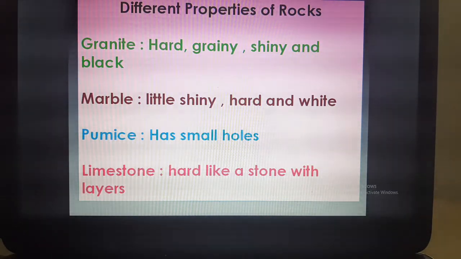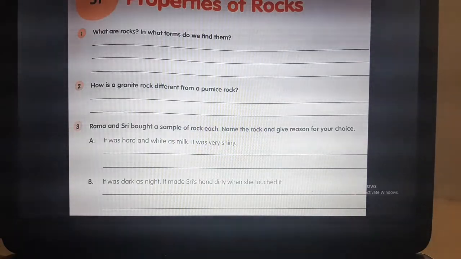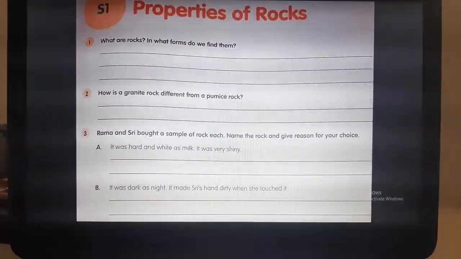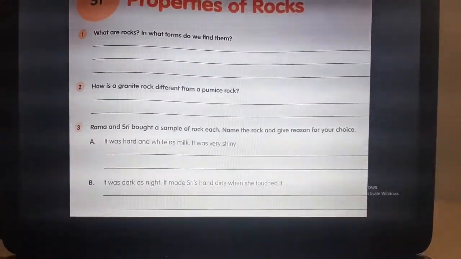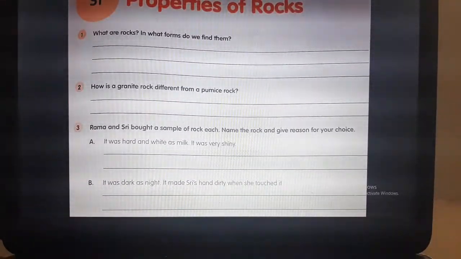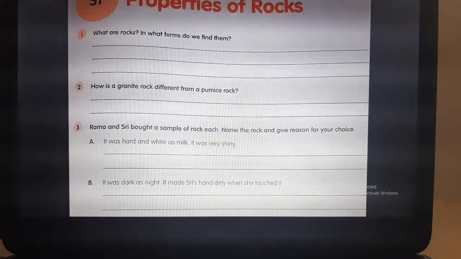Now we can go through the worksheet. See here, worksheet number S1, properties of rock. First question is, what are rocks and in what form do we find them?